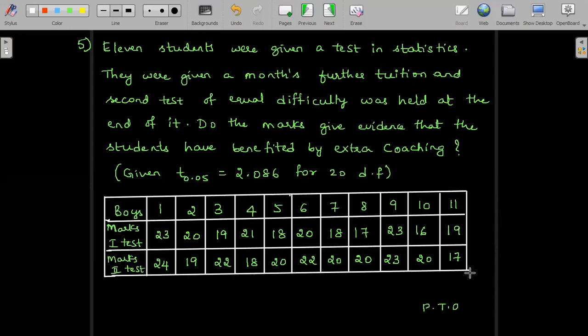So let us first assume the first test marks as X and the second test marks as Y. And we assume the hypothesis H0 as there is no significant difference between the means of the two test marks, which is one and the same as saying the students have not benefited by extra coaching.